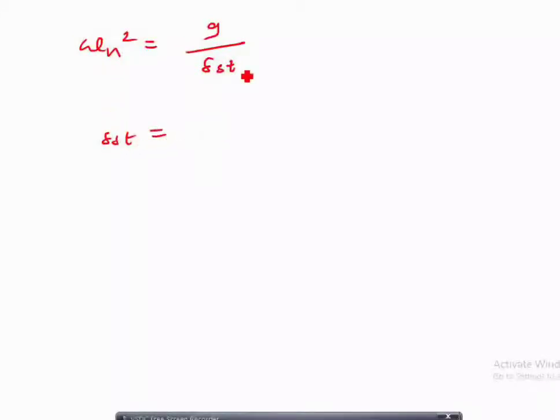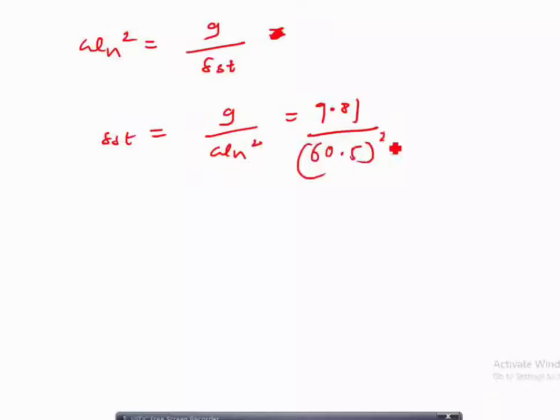So from this, del st is equal to g upon omega n square, that is 9.81 divided by 60.5 bracket square. So I am getting this. The corresponding answer, let us say you get in meters, you convert it into mm and you are getting 2.68 mm.